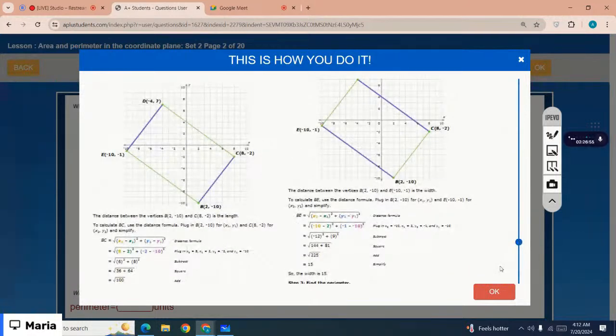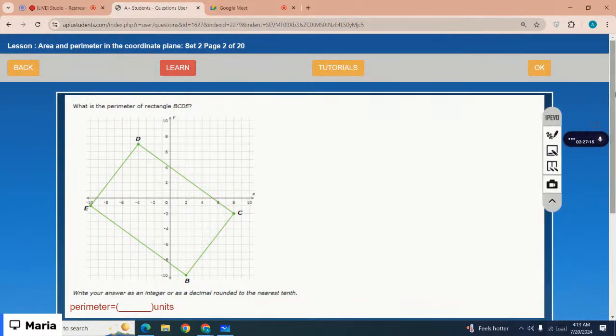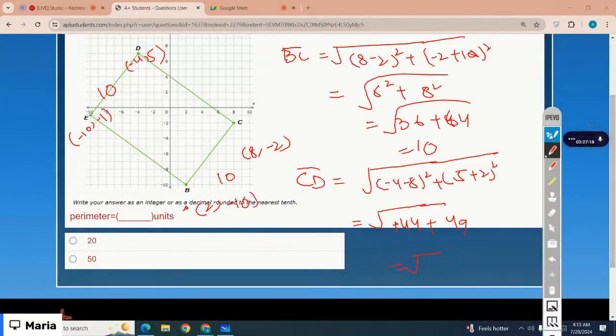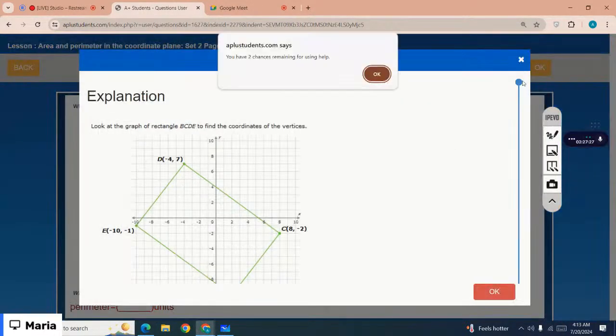Why do I have BE? Okay, so I think I am making a mistake while doing the calculation.